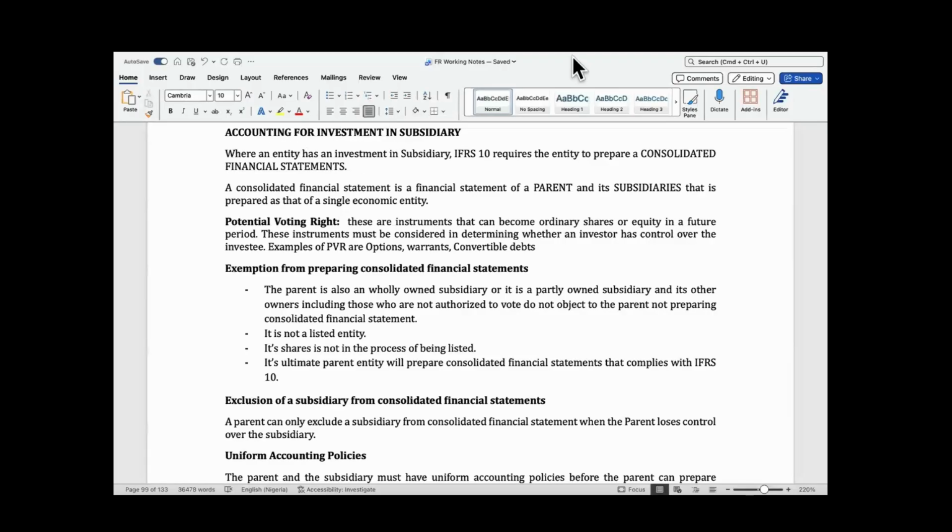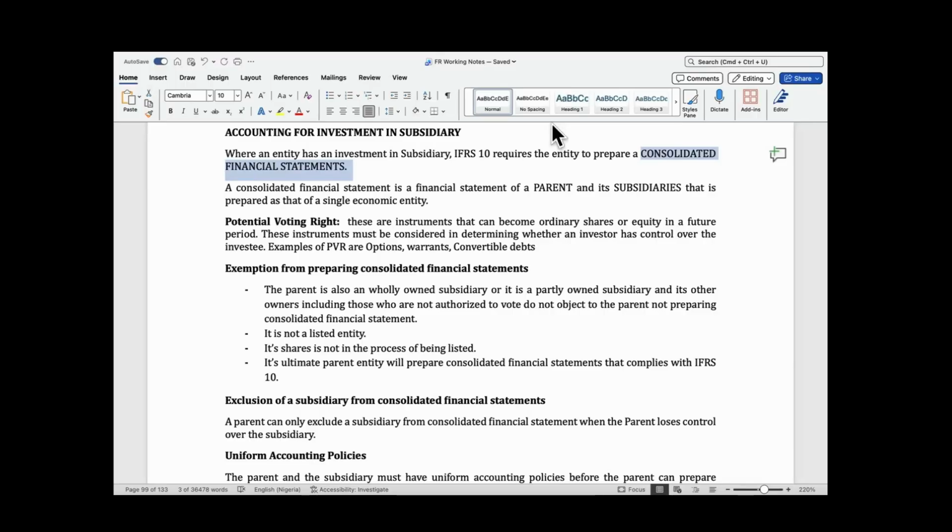When an entity has an investment in subsidiary, IFRS 10 requires that the entity must prepare consolidated financial statements. As soon as you have a subsidiary, you must consolidate. So majorly, what you want to learn here is how to consolidate. That is all you want to learn.